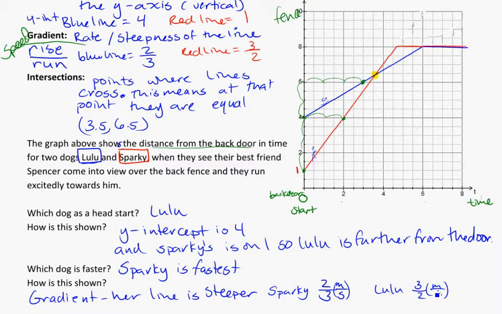So Sparky, oops, I've got that the wrong way around. Sparky was 3 meters every 2 seconds, and Lulu was 2 meters in every 3 seconds. So what we're saying is that Sparky can run 3 meters in 2 seconds, and Lulu takes 3 seconds to run even less meters than that. She takes, in 2 meters, takes her 3 seconds to run it, so she's much slower.